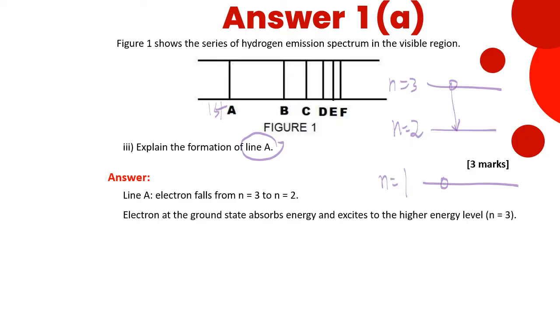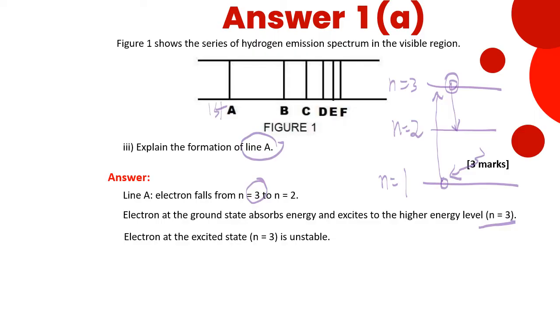What happens is when the electron at the ground state absorbs energy, it will get excited. It will have more energy. It will go up to n equal to 3, which is the electron that we are going to explain now. This is why it goes to n equal to 3. And what happened at this energy level? When electron has very high energy, it is called excited.